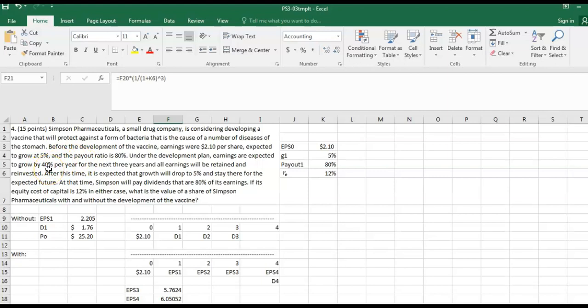One of the things we did in this chapter is determining growth rates based on the investment in some new product, where the growth rate is equal to the return on that new investment multiplied by the retention ratio. So that was originally a part of this problem. I decided that your homework assignment was probably long enough and pulled that out, but it's worth noting so that when you go and do this work later, you're prepared to think about those kinds of problems as well.